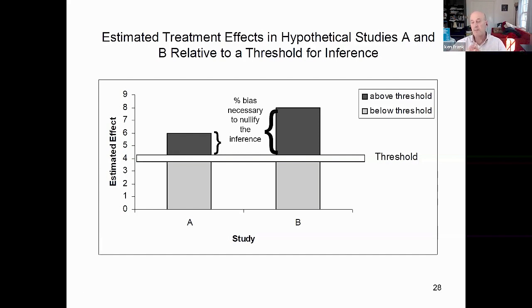Baked into this is that there is some threshold for making an inference. Above that threshold, you make the inference. That threshold could be statistical significance, which we'll work with, but the whole framework applies if you just have a threshold that's in terms of an effect size, or a clinically meaningful effect, or any threshold. The idea of the threshold is linked to the pragmatism.